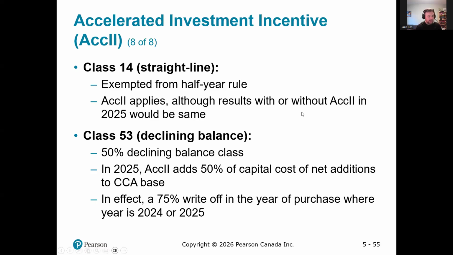Class 53. Class 53 is manufacturing equipment. Its usual CCA rate is 50%. Right now, the ACCI is still functioning like it used to, whereas instead of removing 50% on additions, we're adding 50%.